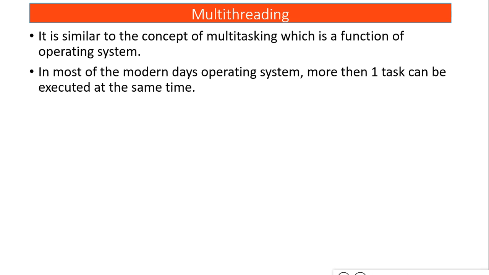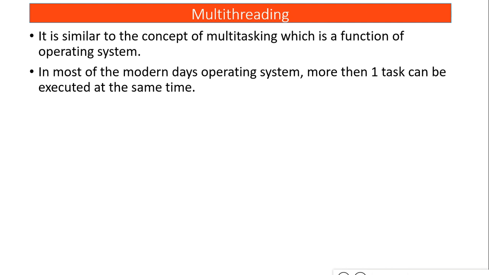Now what is multi-threading? Generally a compiler executes one method or one program at one time, but to speed up the process of execution you can execute more than one program. Executing more than one method or program at the same time is called multi-programming generally in operating systems, but in programming this is called multi-threading.